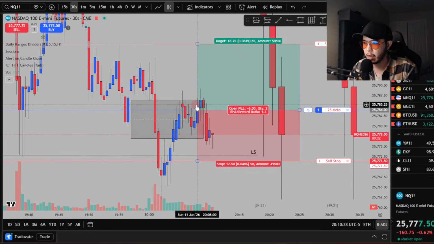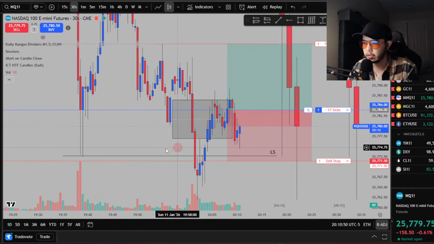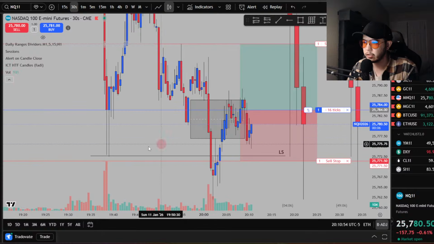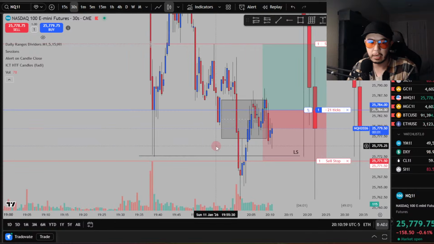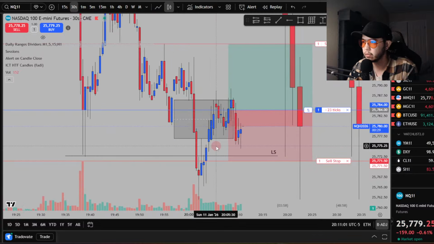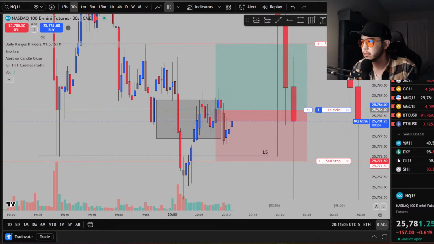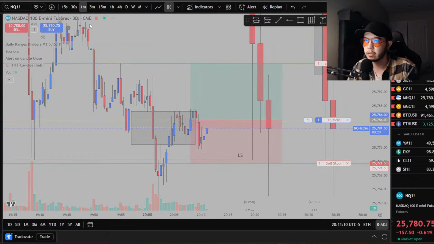We inverse the gap, we sweep the liquidity, but the price doesn't really want to go higher. And the reason why I put it here is because when we close above a certain swing low, and my computer is extremely laggy. I think it's because my internet is very slow. I have too many tabs open. Holy mother of lag.